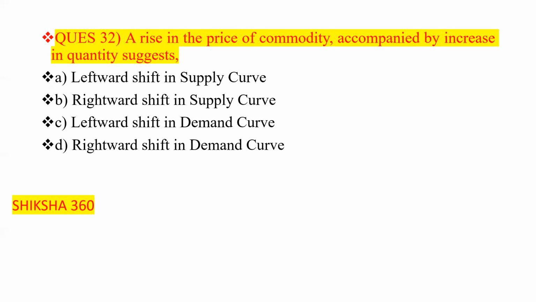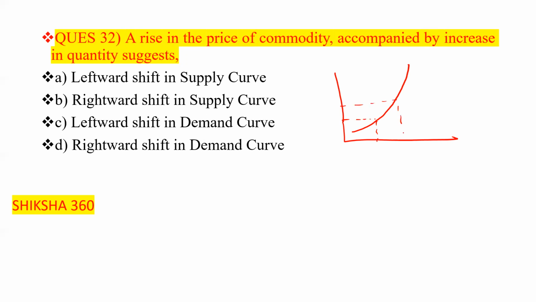So what will happen in that case? Let me draw the diagram. They are saying that if there is a rise in the price of the commodity, there is an increase in the quantity.